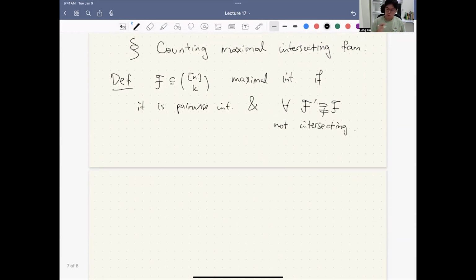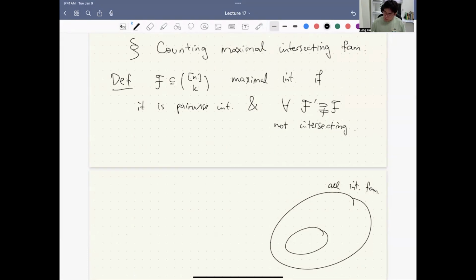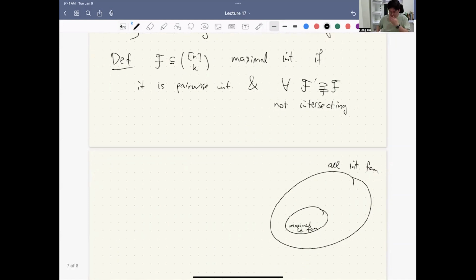Now, if you draw this, this is the family of all intersecting families, and the maximal intersecting families are just a part of it, some subset of it. Those are maximal in terms of inclusion. Let's first look at how large all the intersecting families are.